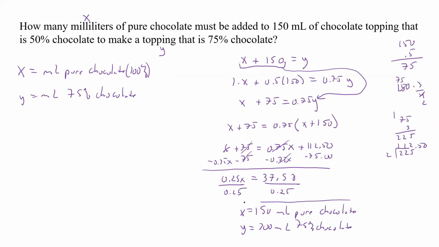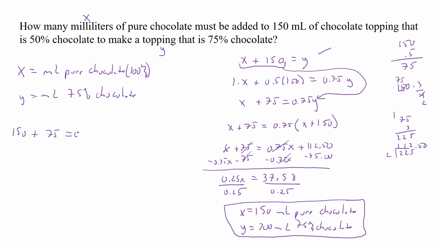Okay, so that is our solution. Now we have to check it to make sure it works. Well, again, first one is pretty easy. We just checked it right there. 150 plus 150 is 300. So yes, that works. Now, what about this one? 1 times x, well, that's going to be just 150 plus half of 150 is 75.